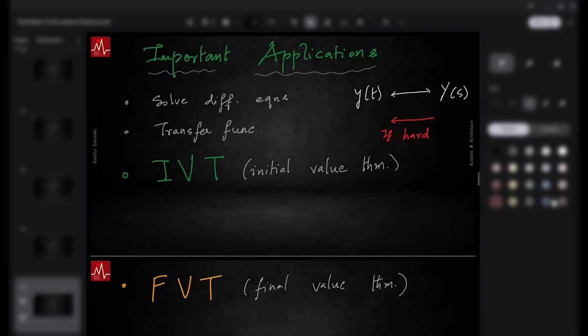So even when that is very hard, two things specifically are important. One is in fact a variant of this. It's very easy to find the initial value from Y of s. You're not trying to find the entire function y of t. What is the initial value?